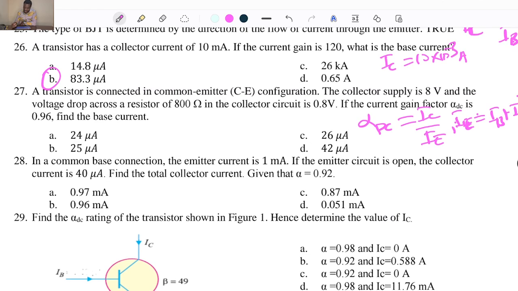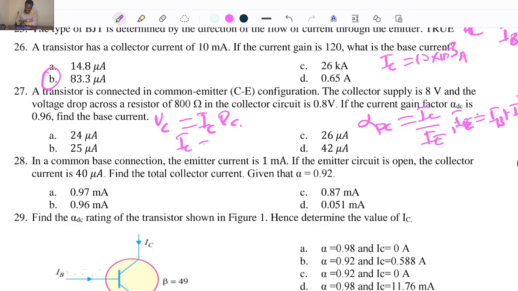So from this that we have done so far, you can see that from the question, we are given the voltage drop across 800 ohms. So that voltage across the 800 ohms is going to be the voltage across the load, which is VC equals IC times RC.